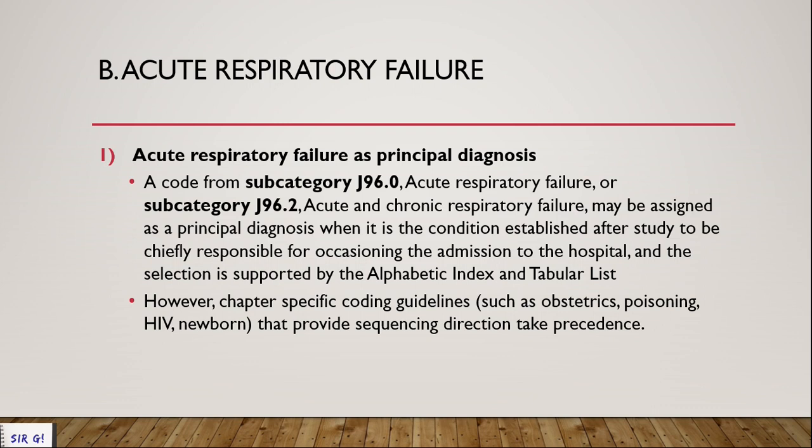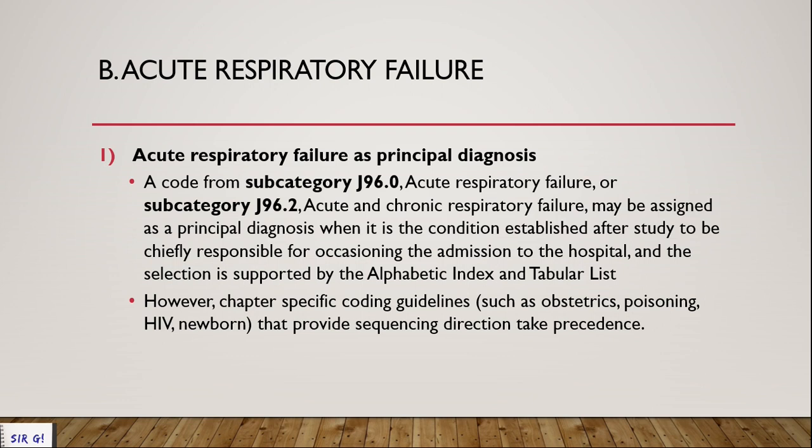Now, that is just additional info, but the guideline here is telling us when we are going to use acute respiratory failure as a principal diagnosis. Obviously, if that's the reason for encounter, right? Because our principle is, if that is the reason for encounter or the focus of treatment, that should be your principal diagnosis, correct? Yes.